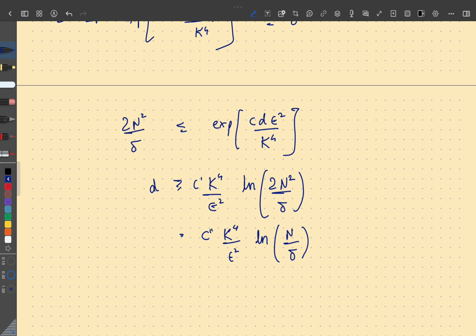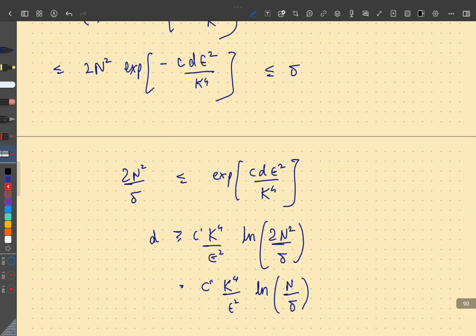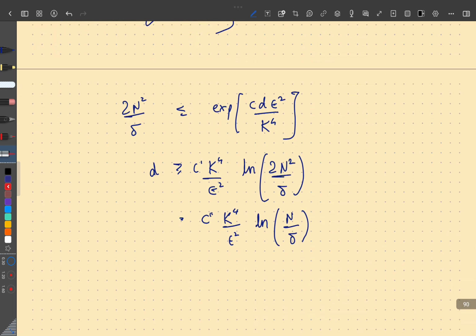Right? So in other words, I can do dimensionality reduction. I can reduce the dimensionality from capital D to a little d that is independent of capital D by choosing a random linear projection. And this random linear projection is going to be an epsilon isometry with probability at least 1 minus delta. Alright. So this is a very powerful tool.